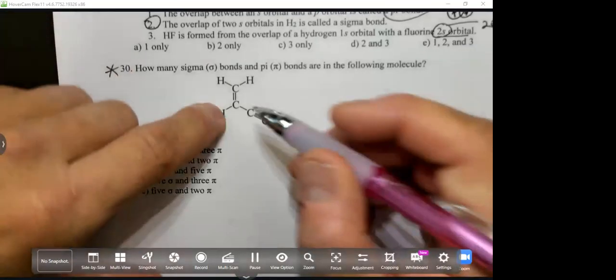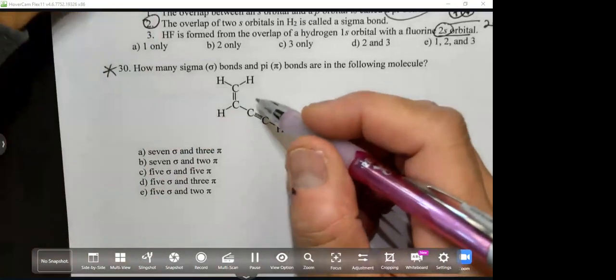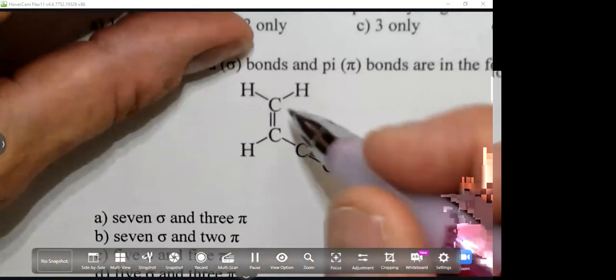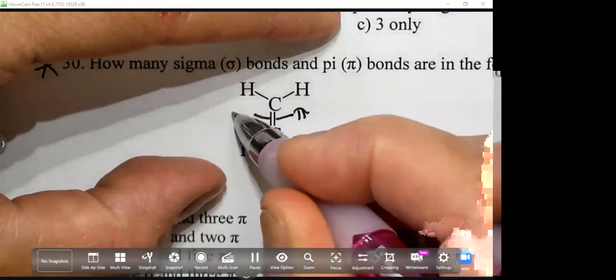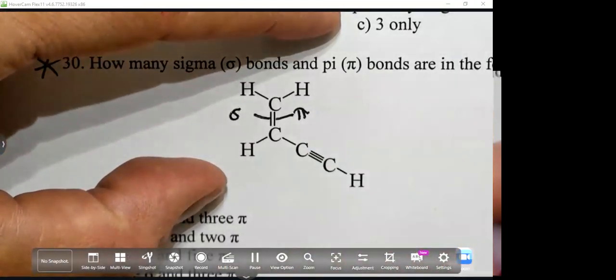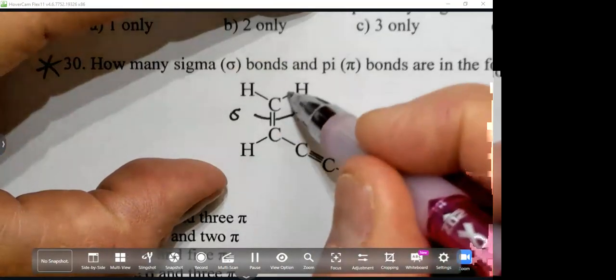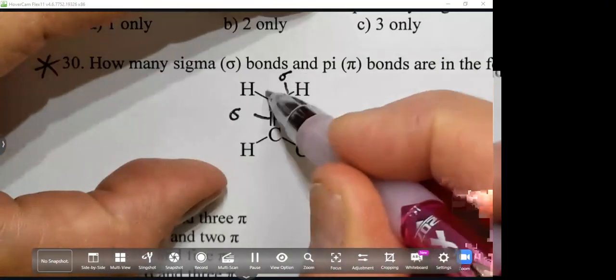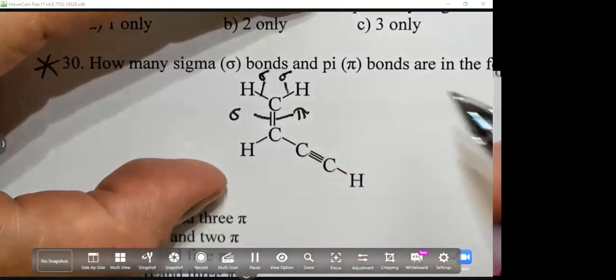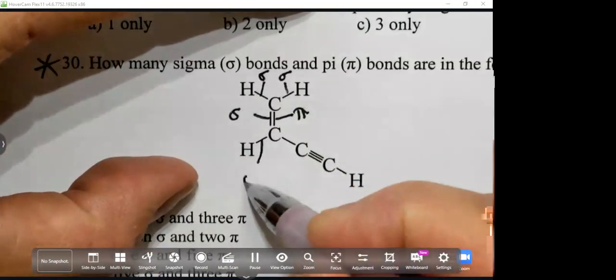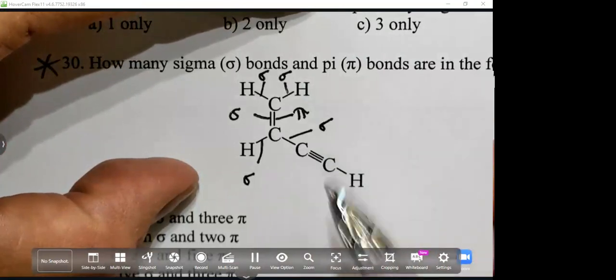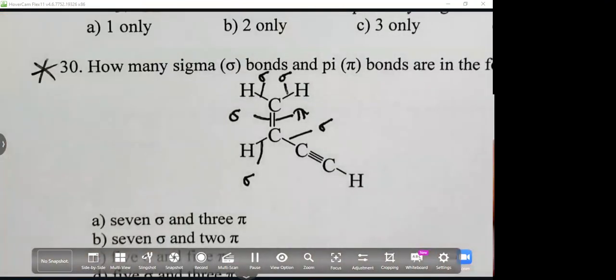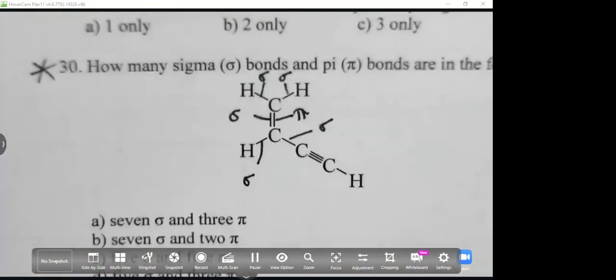Well, if you have a double bond, you know that one of them is pi and one of them is sigma, right? If you have a single bond, what is it? Sigma. If you have a triple bond, what do you have?